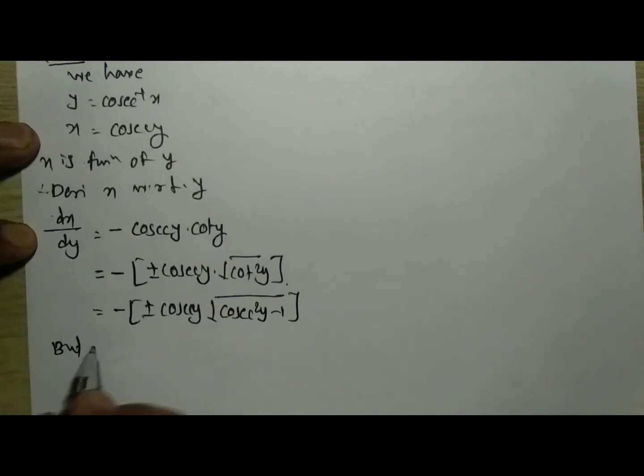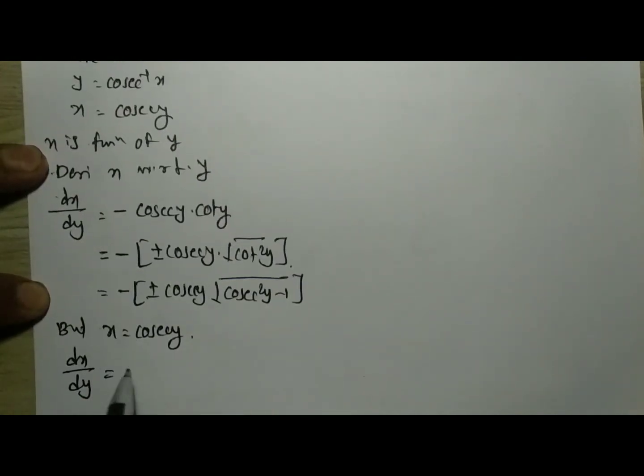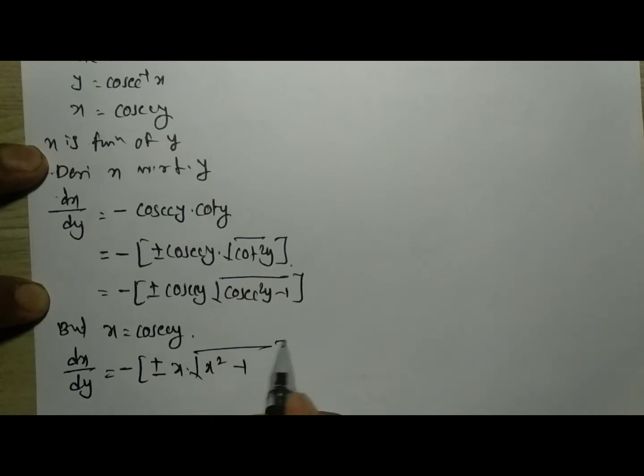But x is equal to cosec y, so we put the value cosec y equal to x inside this derivative. dx divided by dy is equal to minus, inside the bracket, plus or minus x into square root of x square minus 1.